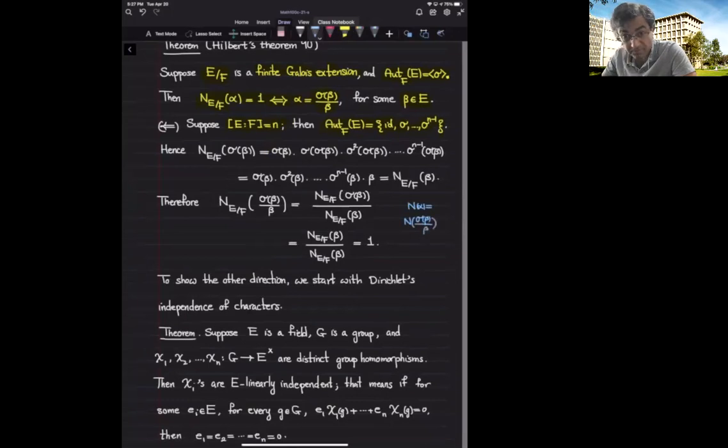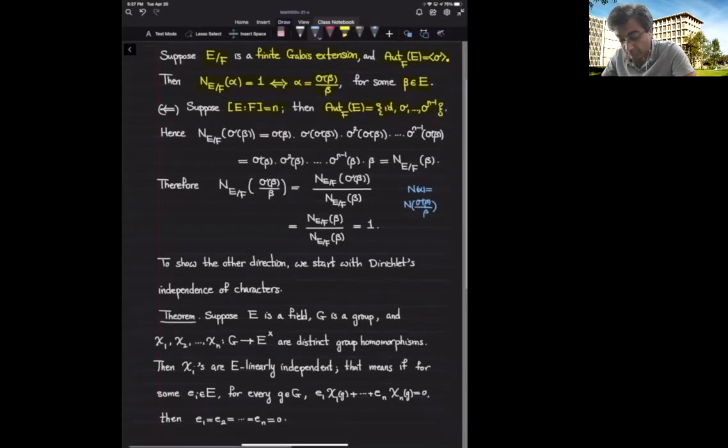But norm we have proved to be a group homomorphism, so it is norm of sigma of beta over norm of beta. I want to show that this is equal to 1, which means I need to show that norm of sigma of beta is the same as norm of beta.